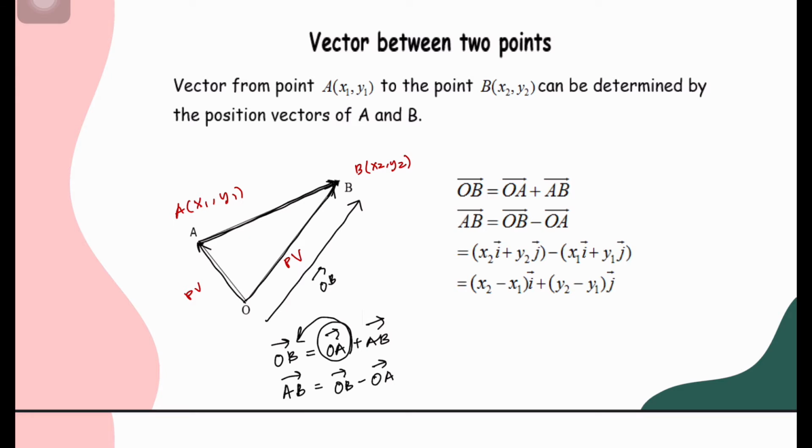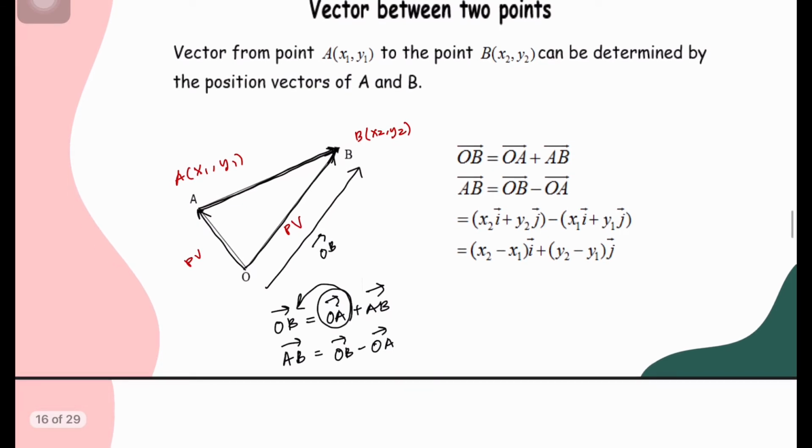Now, what is the vector OA? The vector OA is x1i plus y1j, because this is the value of x in this direction and this is the value of y in this direction.